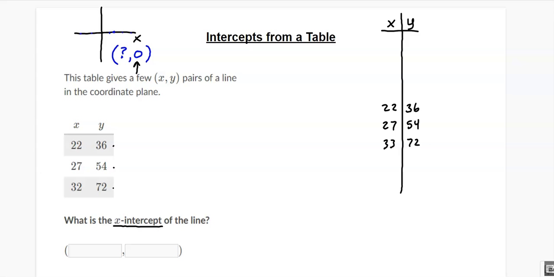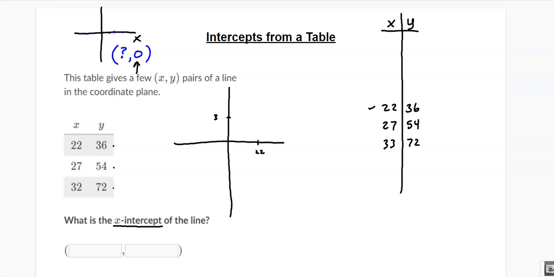So basically, what they've given me is 3 ordered pairs. You don't have to do it like this, but just on the first example, I'm going to show that this point, 22, 36, means I'm over here at 22 and up here at 36.